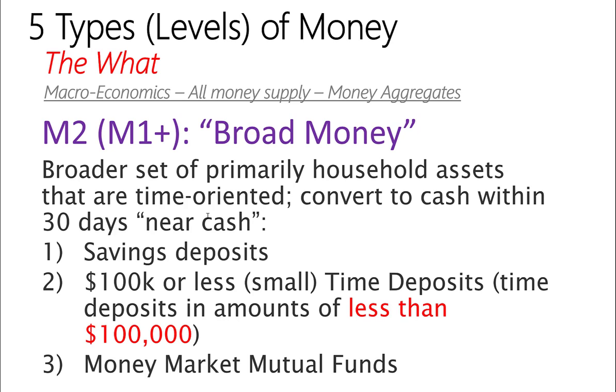They're pretty liquid, right? But they're not the instant liquid. And you'll notice here that this talks about household cash. And now this includes the savings deposits. Now, I was just talking about how you can put $5,000 in your savings deposit account, and technically you can go pull the whole thing out.